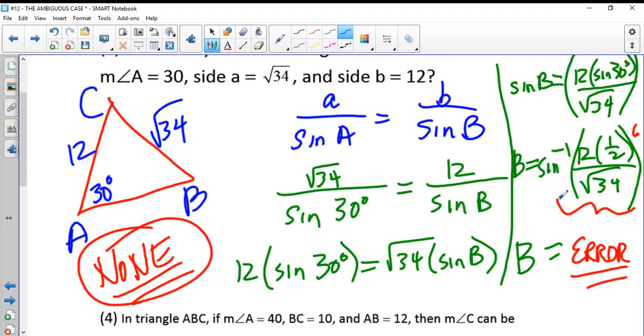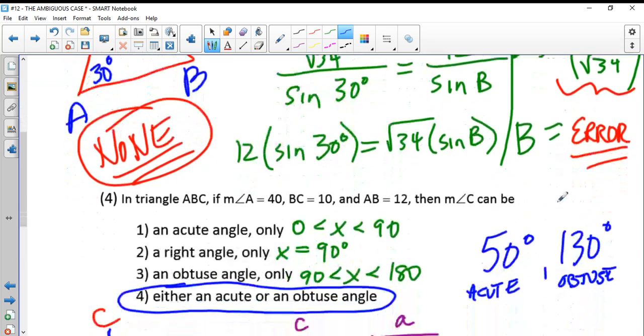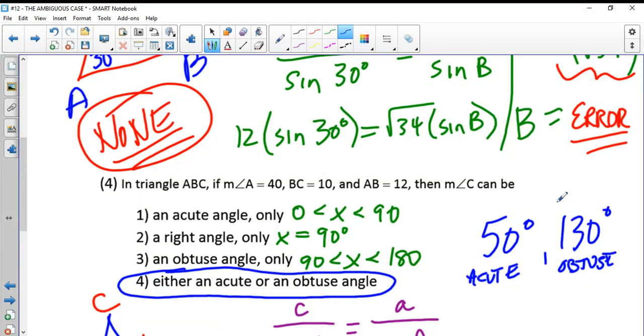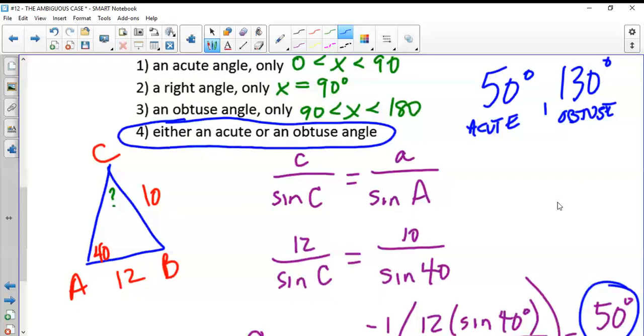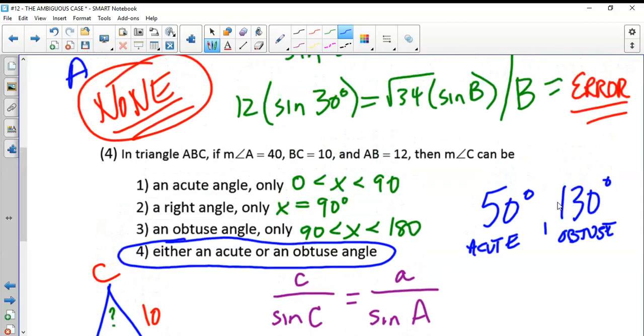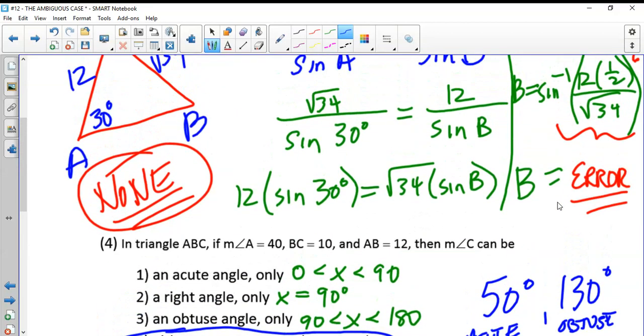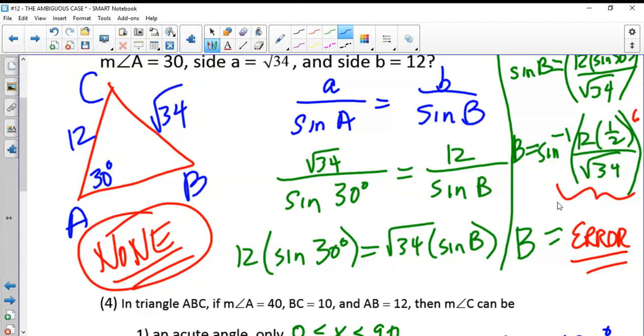There's never three possible angles. So your answers for these: you could have zero triangles, one triangle, or two. This is to hopefully broaden your concepts of the law of sines and how triangles are created, or the properties of a triangle.